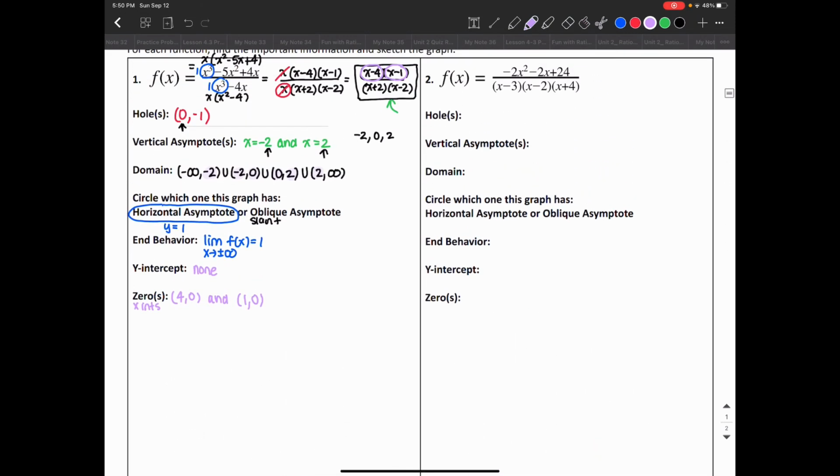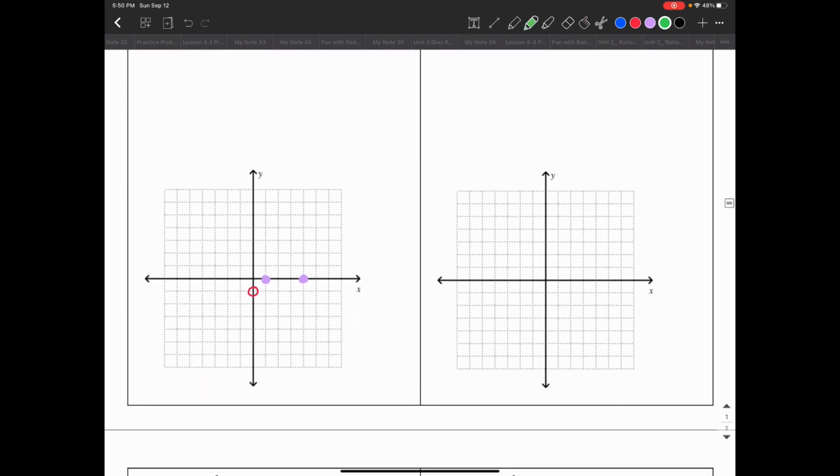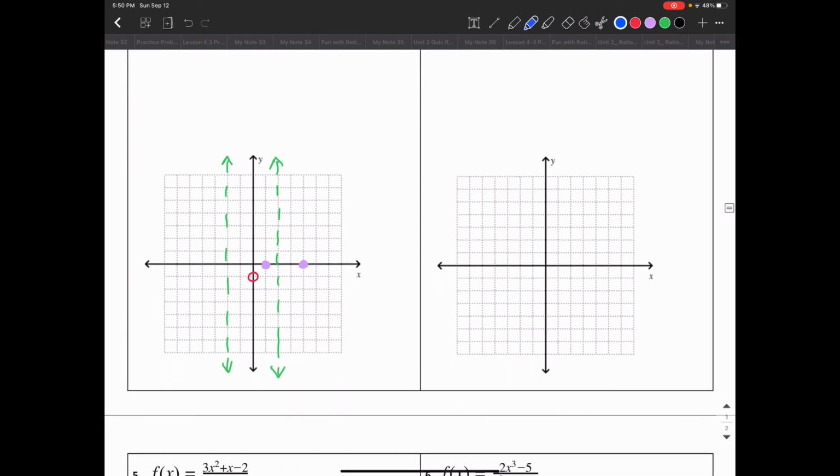My vertical asymptotes are -2 and 2, so -2 here and +2 here. And then my horizontal asymptote is at y is equal to 1. So it's here, and that's just going to describe my end behavior, so I'm just going to put it on the ends.